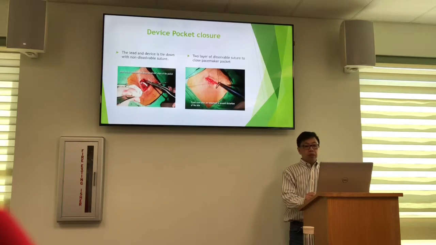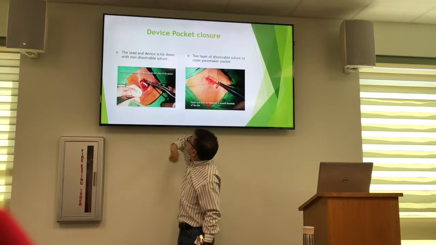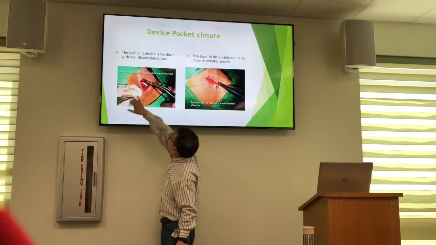Once the pacemaker is in the pocket between the muscle layer and fatty layer, it's usually tied down with silk or muslin, which is non-dissolvable suture. As you can see in this video, you can see the pacemaker right there.